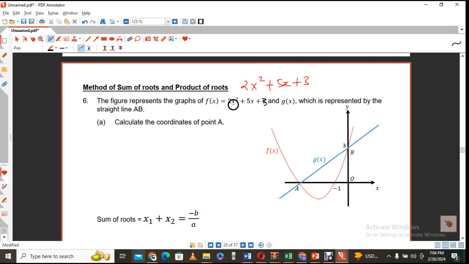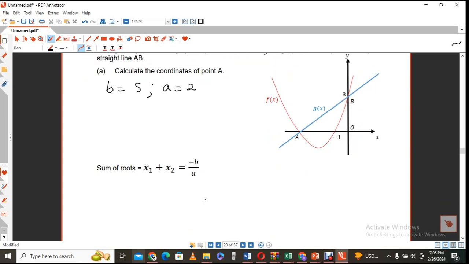One of the ways you do this, obviously first you are going to identify different values. My value of b in my equation is 5 and my value of a is equal to 2. And we're going to use the concept that the sum of the roots, that means whatever this −1 plus something here, should equal minus b over a.